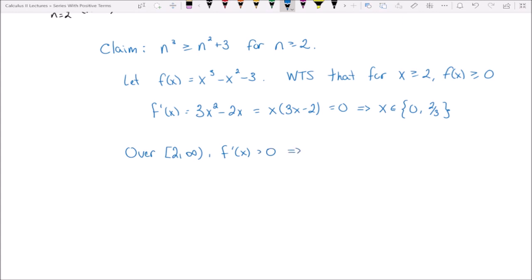So what this is saying is that f of x is increasing for x greater than or equal to 2. Now if we take a look at f of 2, 8 minus 4 minus 3 is 1.